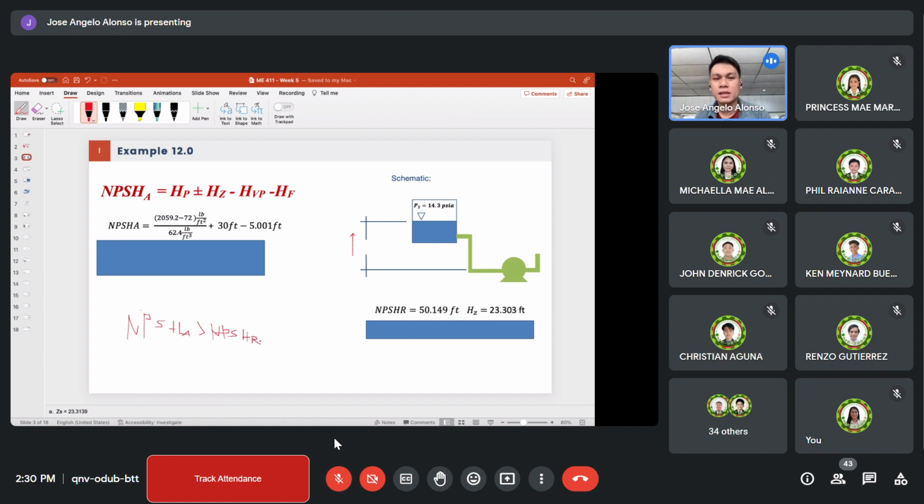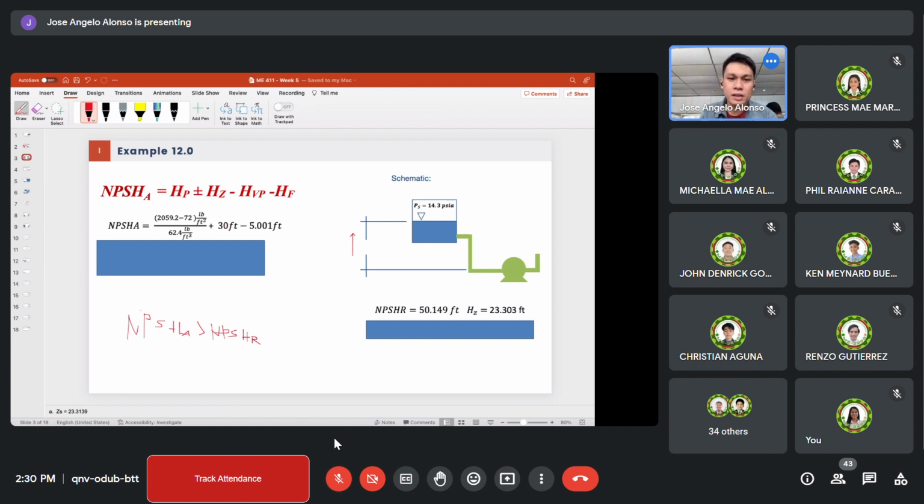So kung ang ating net positive suction head available na makukuha dito is greater than the 50.149 feet, yung net positive suction head required ng ating pump, then the higher nung reserva with reference to the pump center line, meaning mas preferable siya or mas better siya. Kapag pinaliit naman natin to, then syempre hindi na siya papasok dun sa requirement natin na NPSHA is greater than NPSHR.